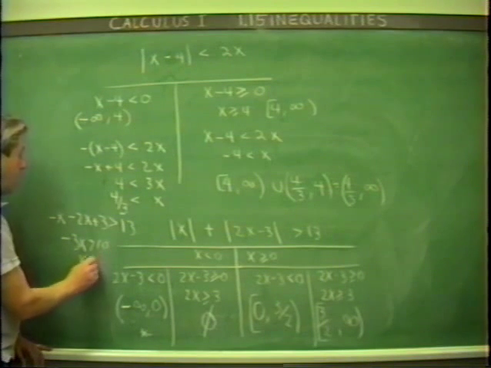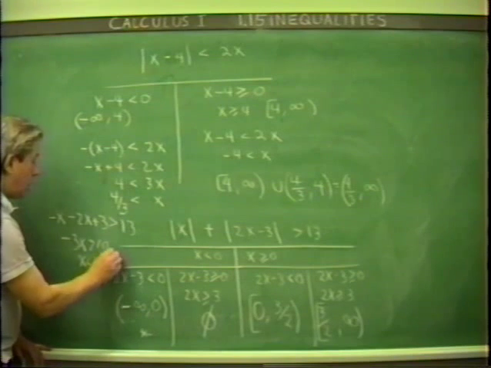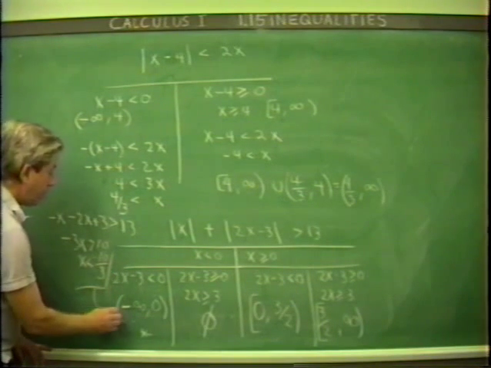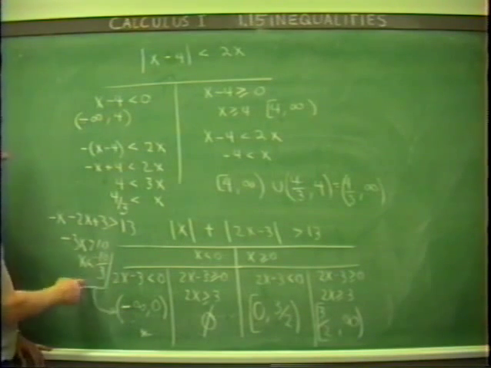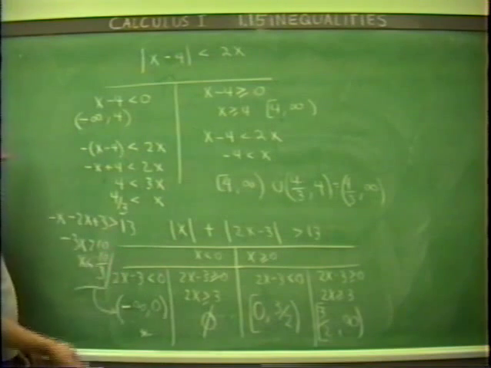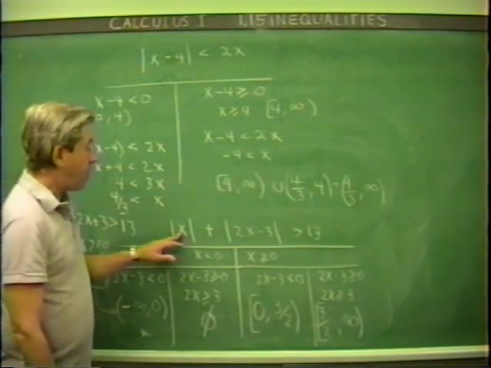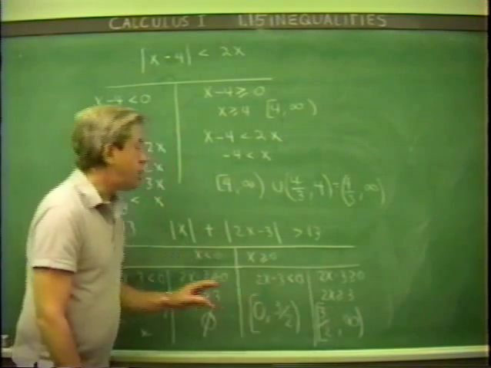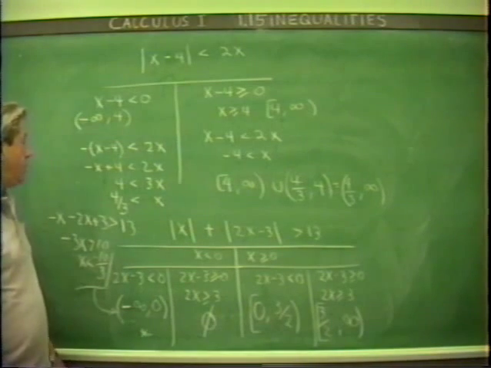That's to say, when is minus 3x larger than 10? That's when x is less than, dividing by minus 3 reverses the inequality, minus 10/3. Consequently, the numbers which are less than minus 10/3 are part of the solution set. That's to say, part of the solution set is minus infinity to minus 10/3.